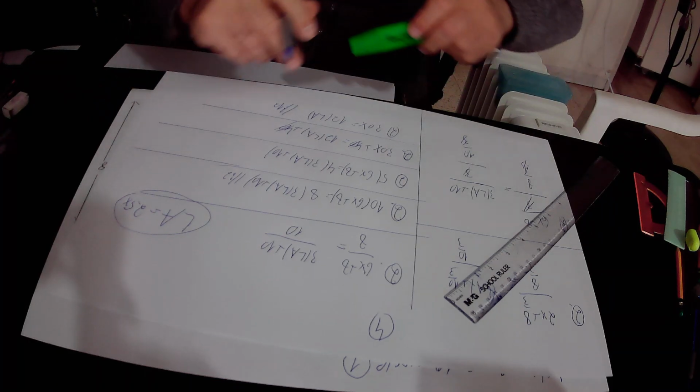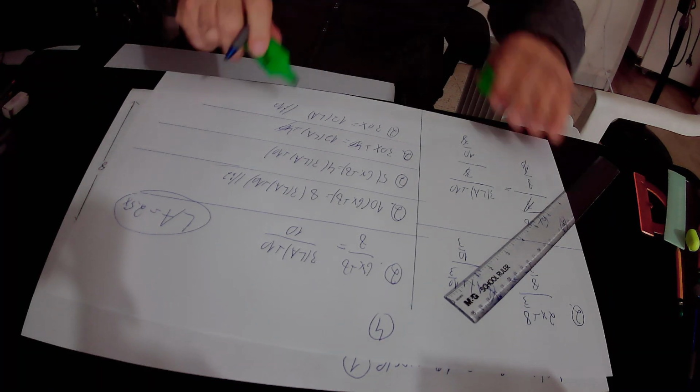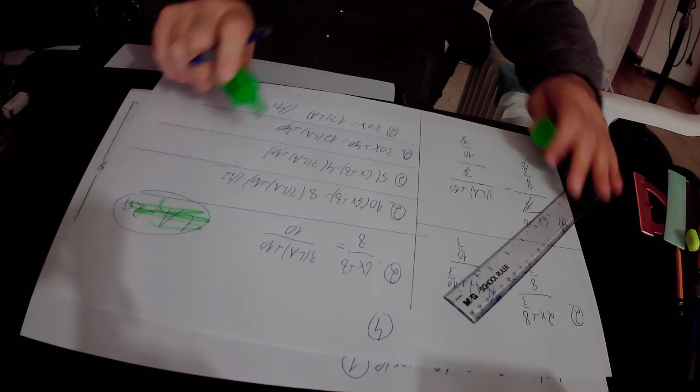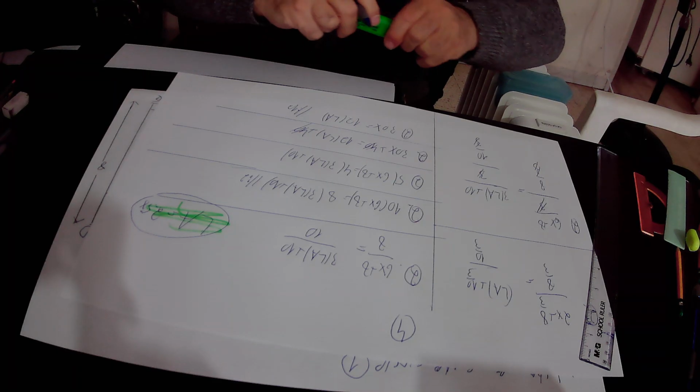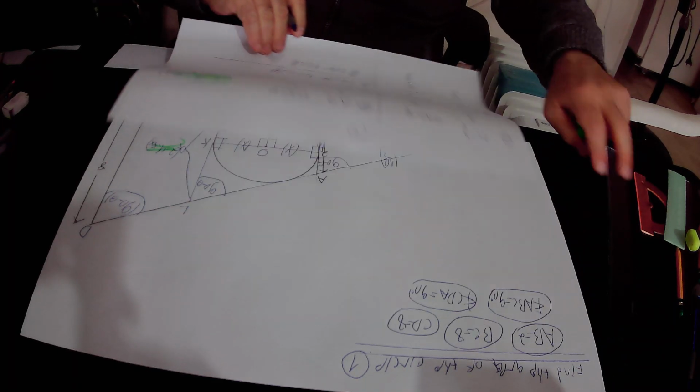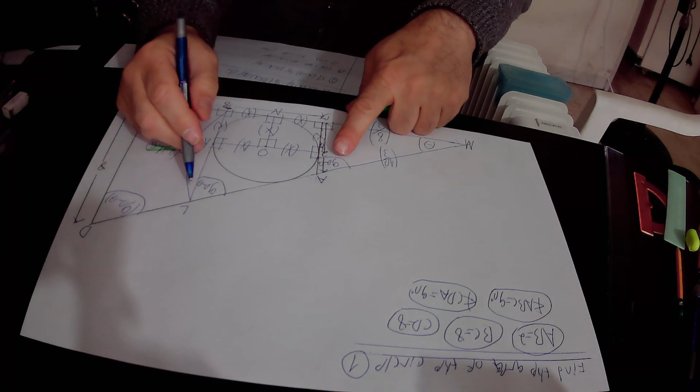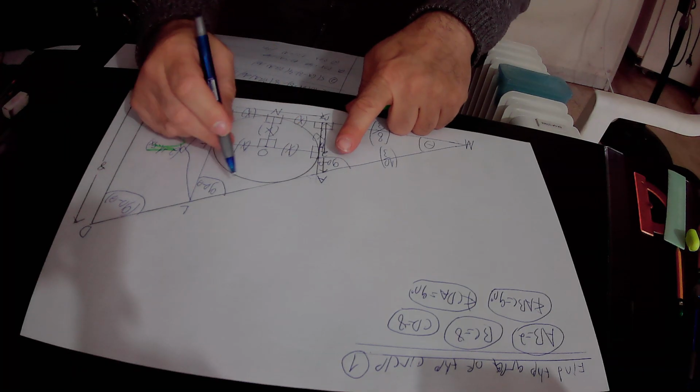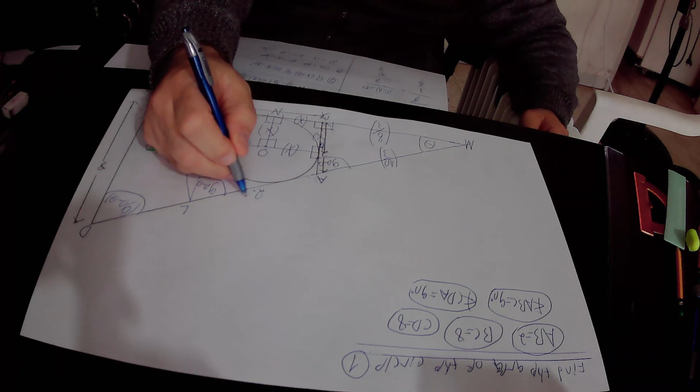LA equals 2.5x in its length. So in the drawing itself, the length of this line segment LA is 2.5x.